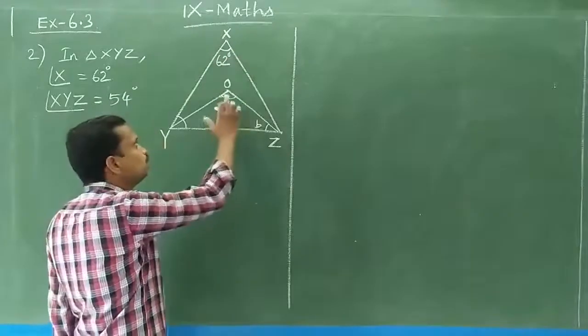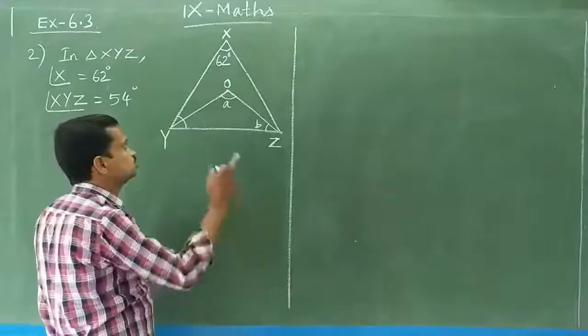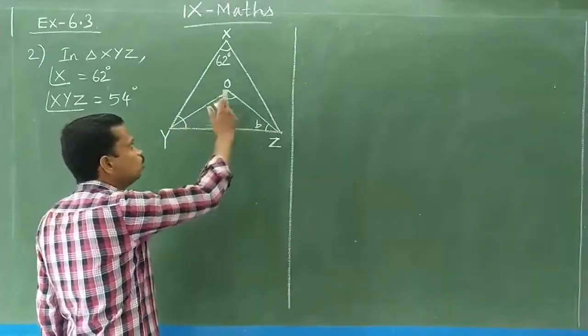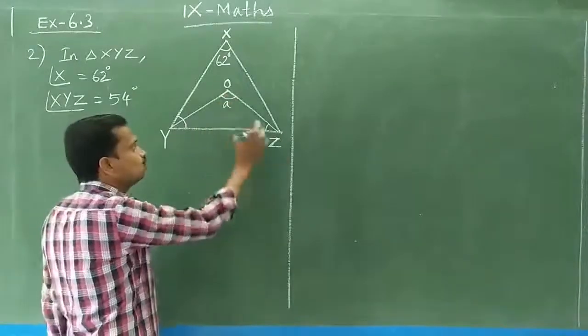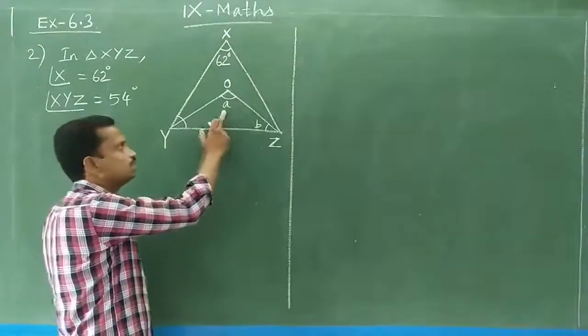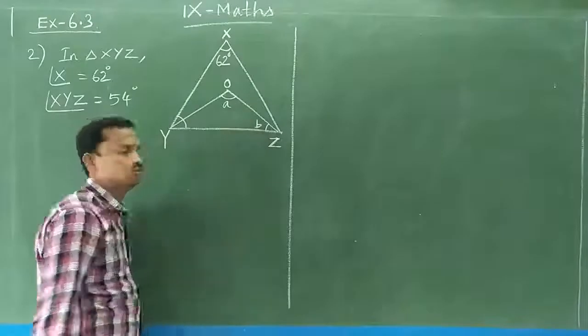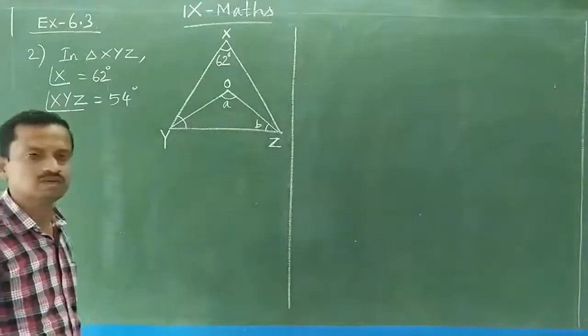They two meet at the point O. And now the question is to find this angle YOZ and OZY. So I just named here for our understanding. This is small a and this is small b. So we have to find these two angles using the given data.